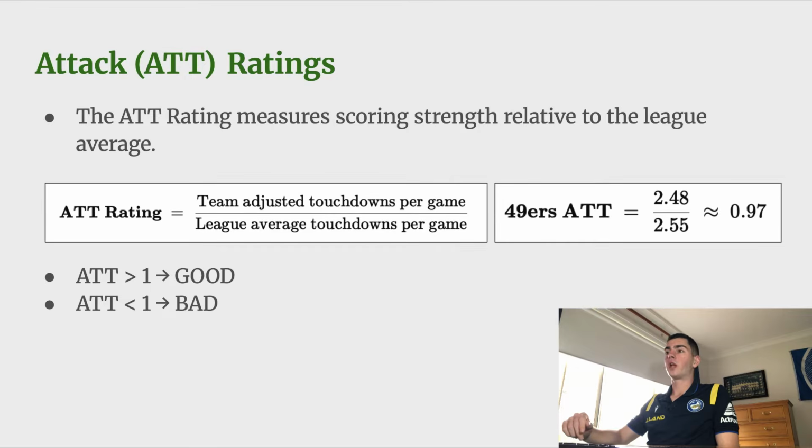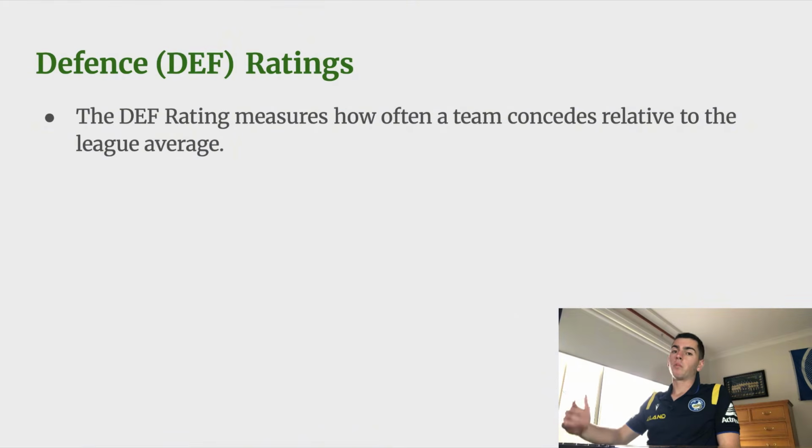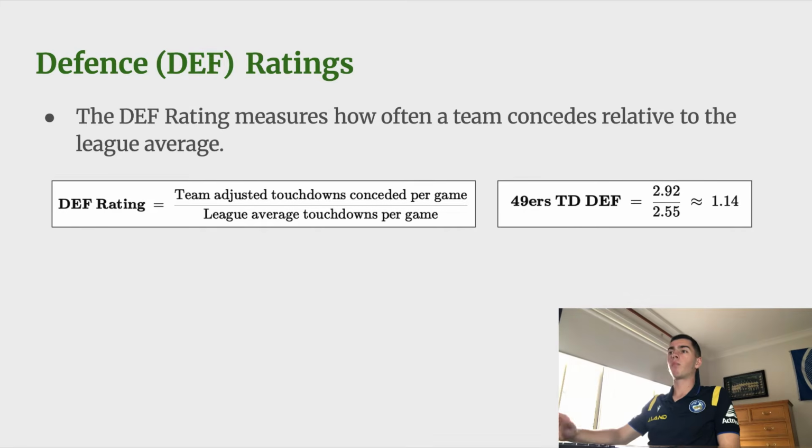Defensive ratings follow an identical formula. I just have to divide the adjusted scoring rate allowed by each team by the league average. So using the 49ers example again, their adjusted touchdowns conceded per game gave them a TD DEF rating of 1.14, meaning they allowed touchdowns 14% more compared to a league average team, which means they have a pretty bad defense.